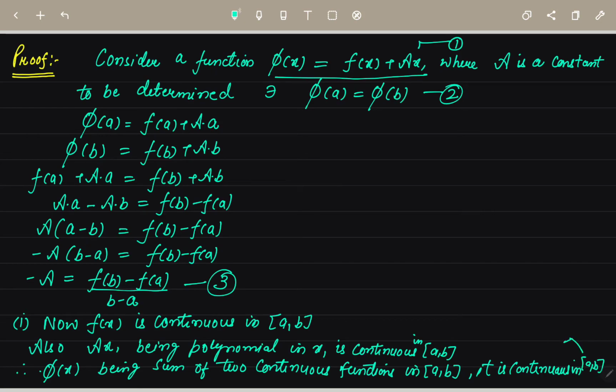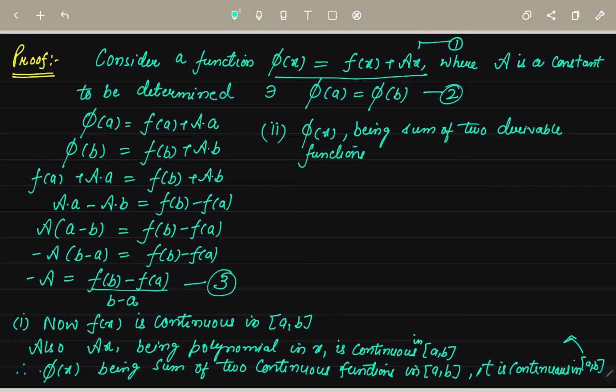Okay, so I will write here now. The first condition is satisfied, that is, phi of x is continuous. Now I have to show that this function phi x is also derivable. So I will write here the second part: phi x, being the sum of two derivable functions, which one?